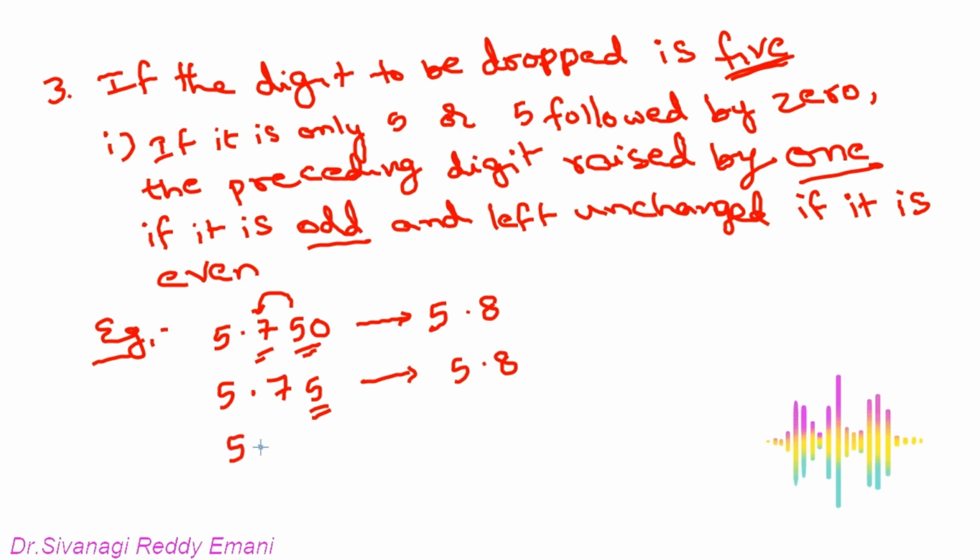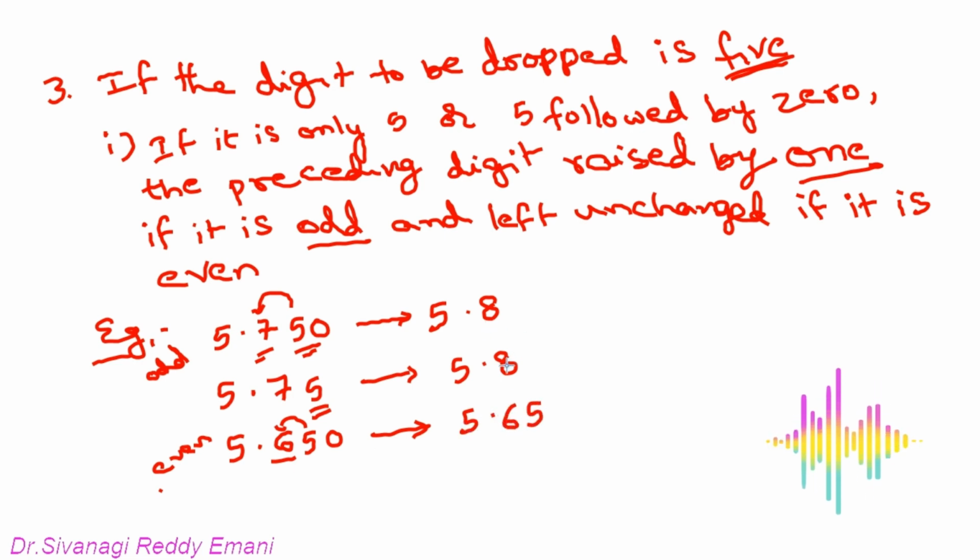If we have 5.650, the number before is even. Odd, we have to increase by 1; even means no change. So if we drop the 0 and the 5, we simply write 5.6.